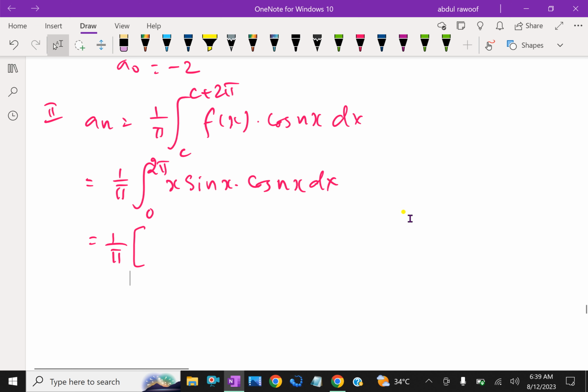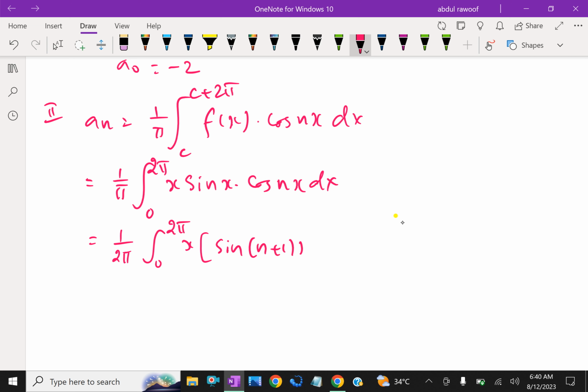It is a little lengthier. We will do the things first, before integration, expanding: 1 by 2 pi integral 0 to 2 pi of x into sin of n plus 1 x minus sin of n minus 1 x.